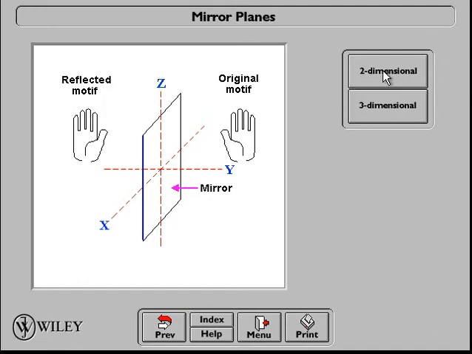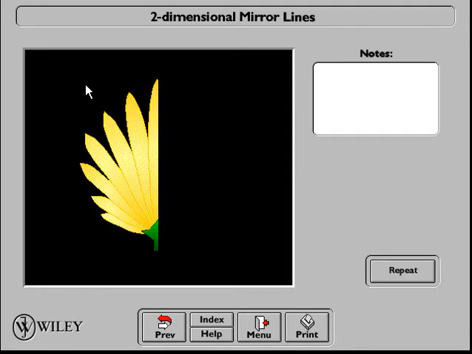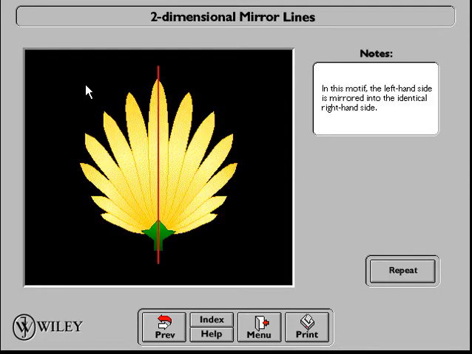So we have then 2-dimensional mirror planes. Here we have again our motif. So we have now here the mirror plane. It's just going from the bottom to the top. We are repeating it.